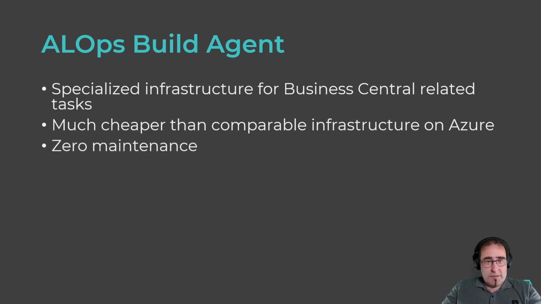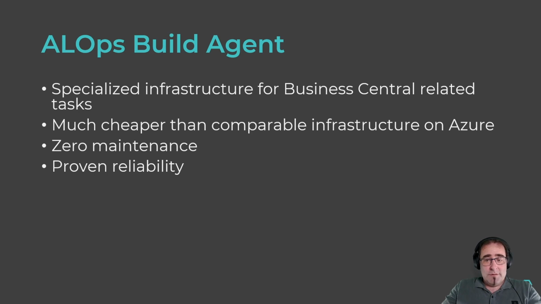We want to do the maintenance for you, so you don't have to worry about these Windows updates, Docker updates. We just provide you working build agents for Business Central builds. And this has some reliability as well, obviously. We have been using like 15 at the same time for over a year without any problems.